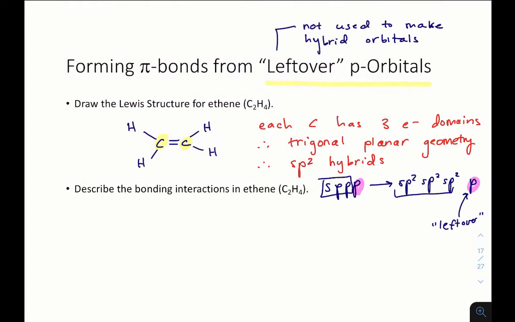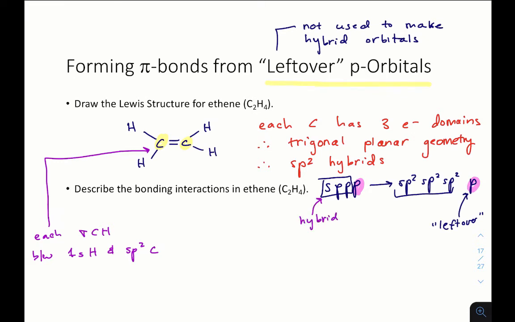Let's now describe the bonding interactions in ethene. Each sigma CH bond is formed from the combination of a 1s orbital on hydrogen and an sp2 hybrid orbital on carbon. Hybrid orbitals make bonds and hold lone pairs. The carbon-carbon bonding interaction is a double bond.